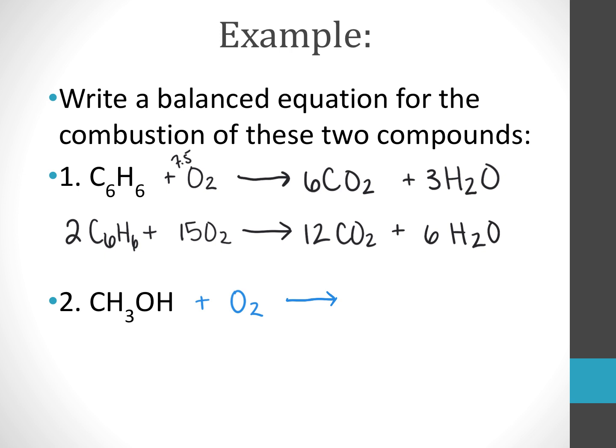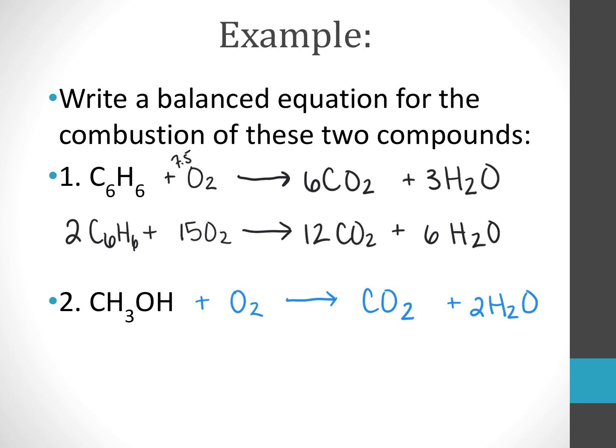For products, we're still going to get CO2 and H2O. So, one carbon. Now I'm going to look at the hydrogens. I have 3 and 4 hydrogens, so I'm going to put a 2 over here. So 2 times 2 is 4 hydrogens.